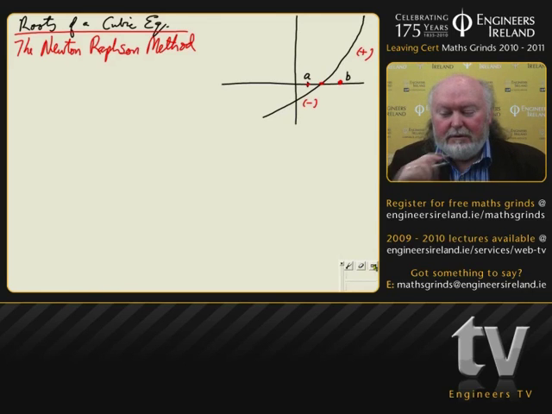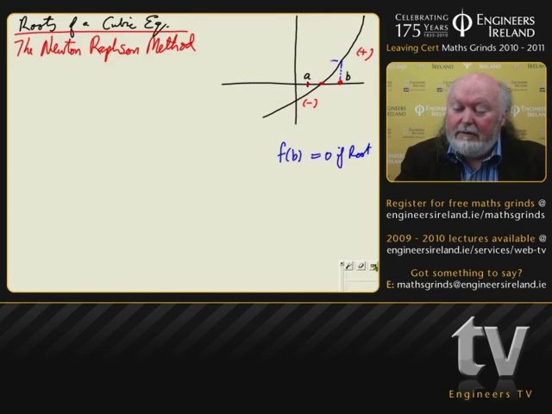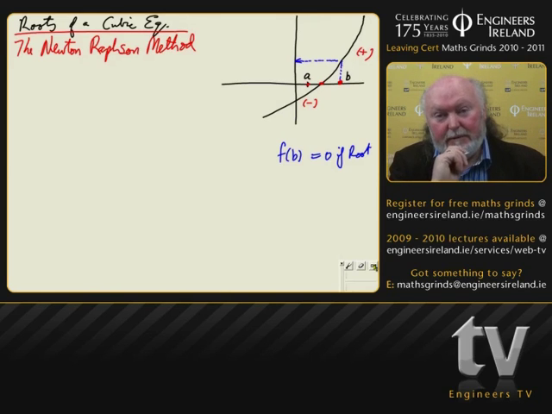If it was the root, we know the function at b would be equal to 0. But unfortunately, it's not. It's a positive number, but it's a guess.